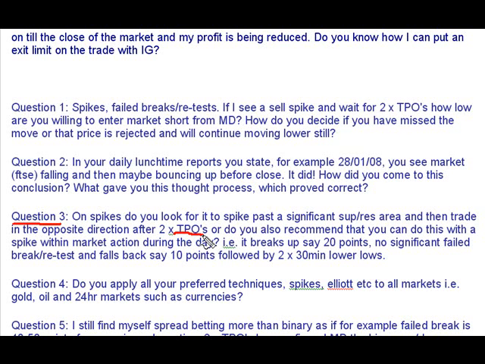You have to balance the theory with the practice. And if you do see a market fail at a key level, you probably want to get in pretty quickly. It's better to get in quickly because you're going to get a better price, whatever it is you're trading.